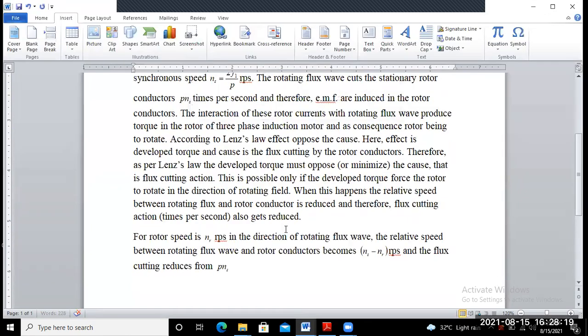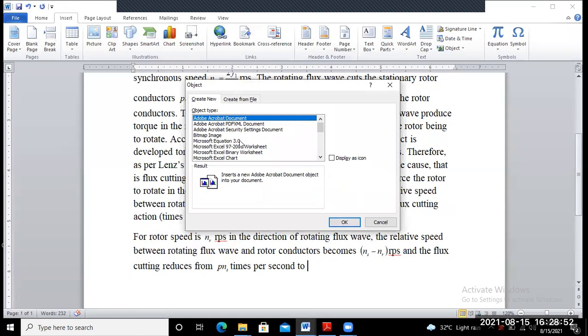Okay, so from P into ns times per second to P into (ns minus nr) times per second.